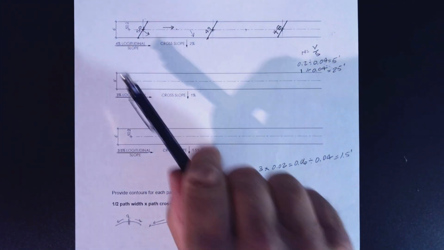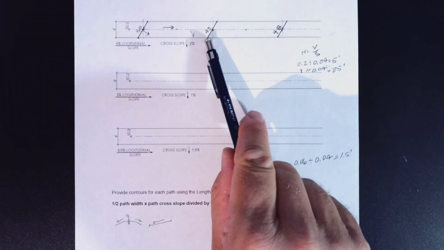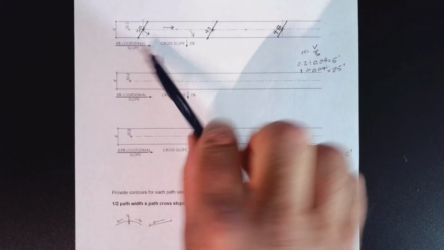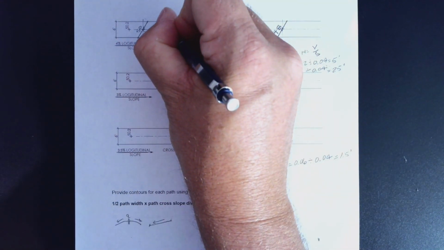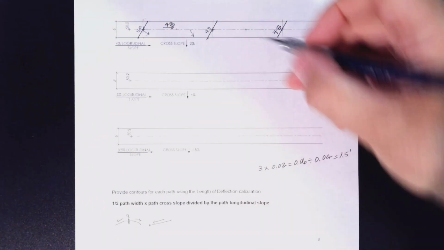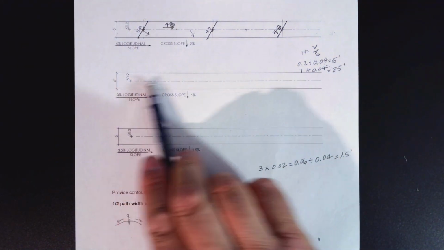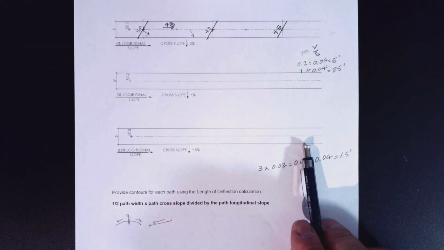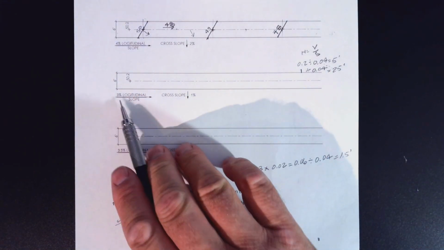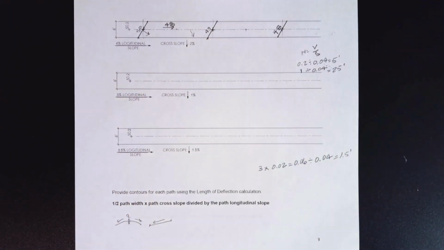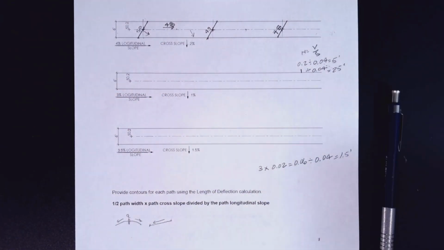So there you go. Contours are 25 feet apart. We've got a longitudinal slope of 4% that direction, and we've got a cross slope of 2% this direction. Continue that for these other two paths. They're the same width, they just have different longitudinal slopes and cross slopes, and we'll go over them when I get back.